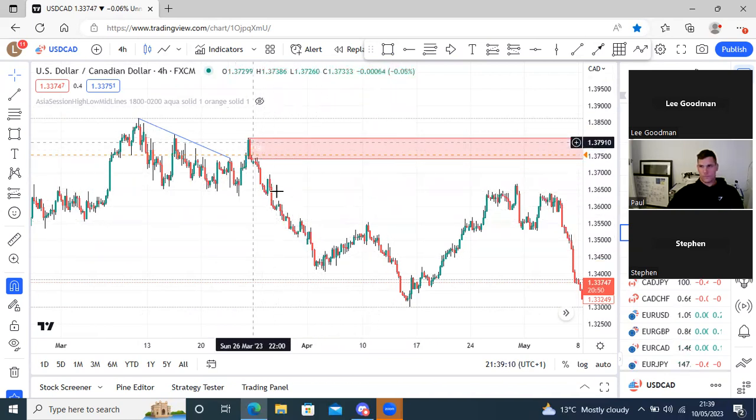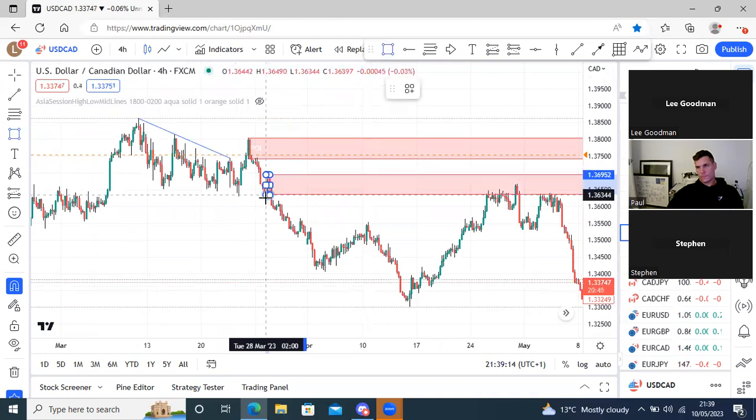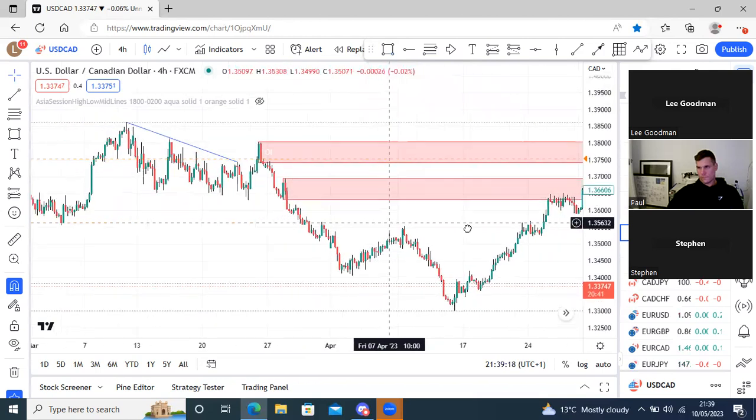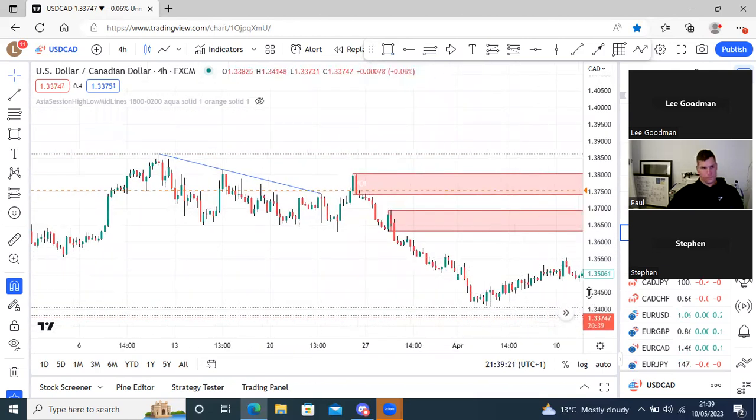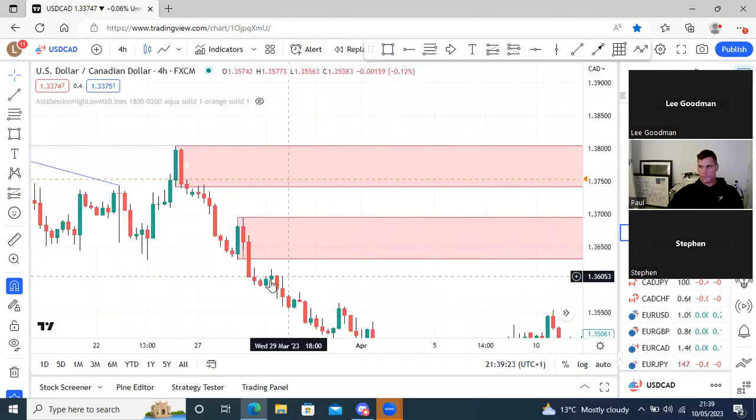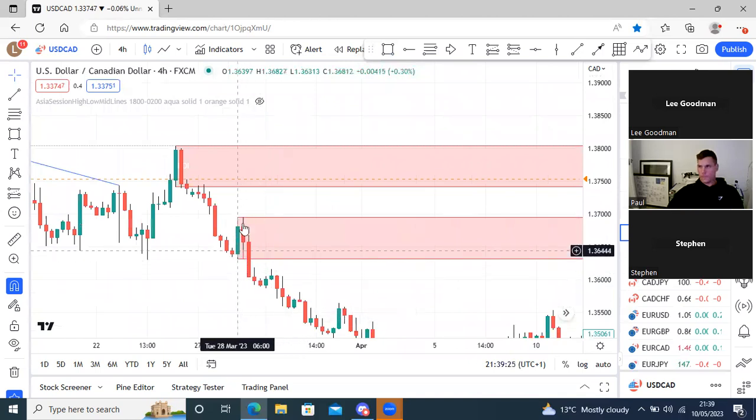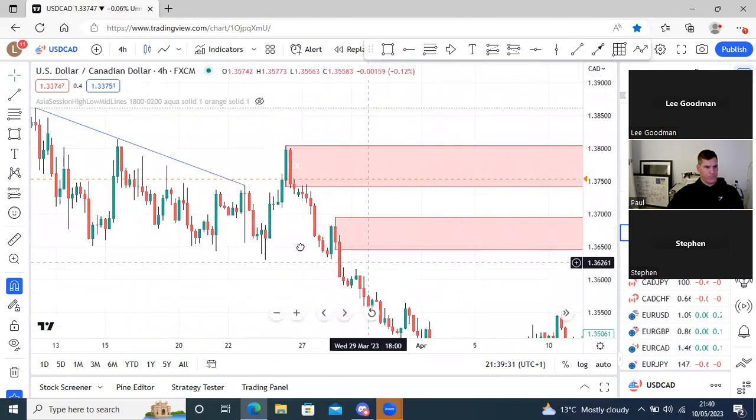As long as it's fairly high up, I'll mark it. I'll just zoom in so you can see that bit there. Even this full candle here or the imbalance is fine as well. Usually it'll fill the imbalance.